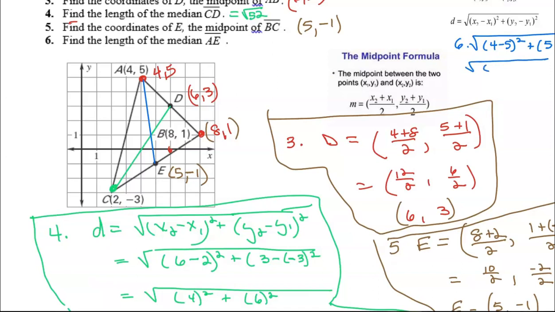Okay, 4 minus 5 is a negative 1 squared. Keep it in parens. Plus 5 minus a minus 1 is 6. So this is 6 squared. Okay, negative 1 times negative 1 is a 1. Plus 6 times 6 is 36.